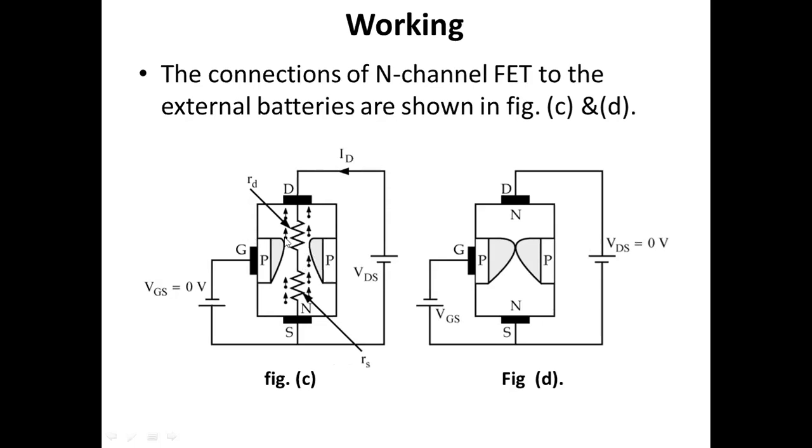Once it is fixed, the channel width stays fixed, and even with further increase in VDS, you will get only a constant current, constant ID flowing through the channel.